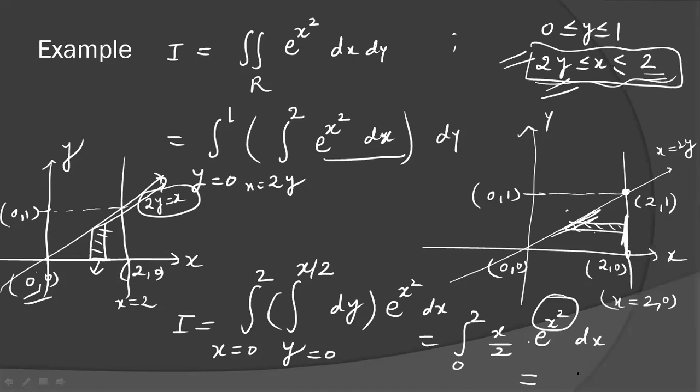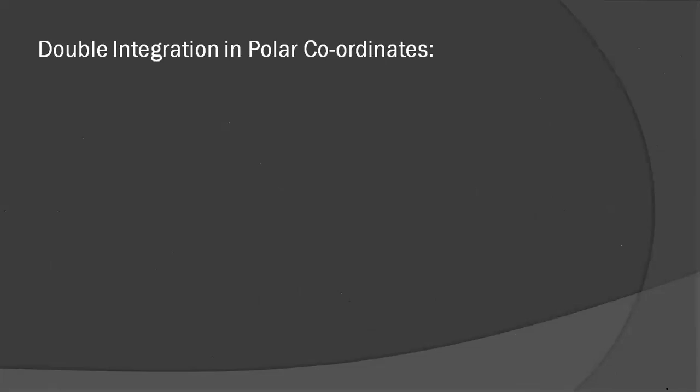You will get the answer of this integration as 1 by 4 (e to the power 4 minus 1). So this is the application of change of order of integration. Sometimes integration is very difficult; by changing the strip, or the order of integration, we can easily find the integration. Let's see integration in polar coordinates.